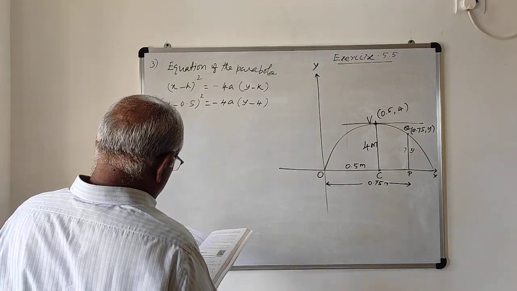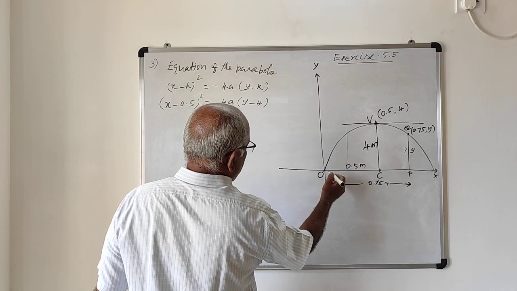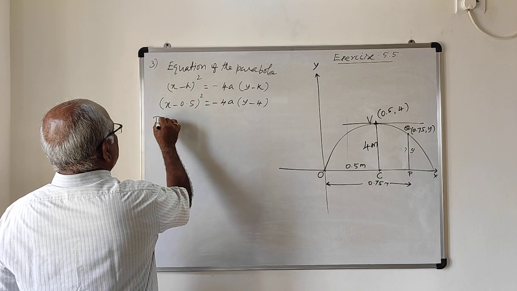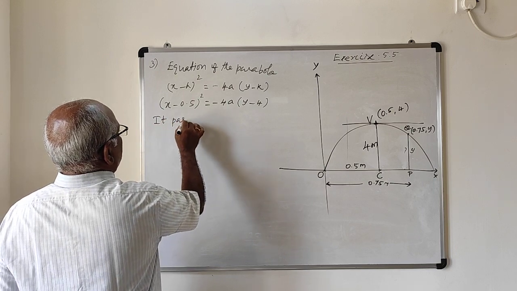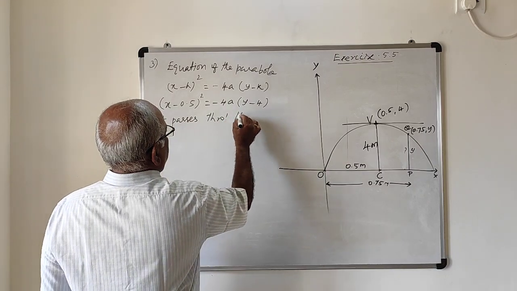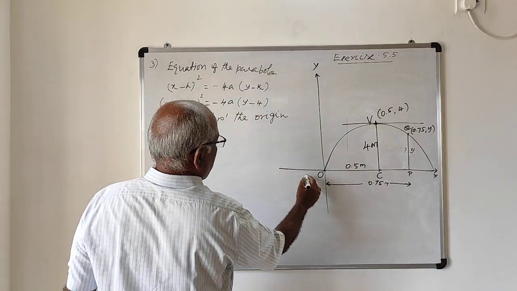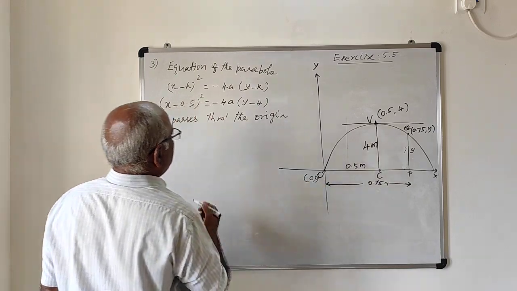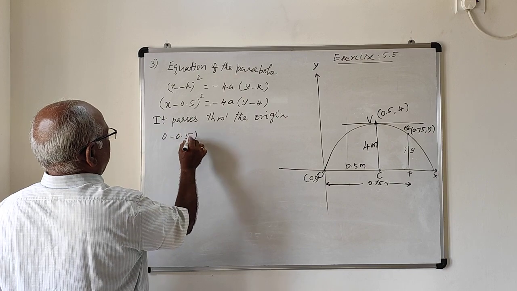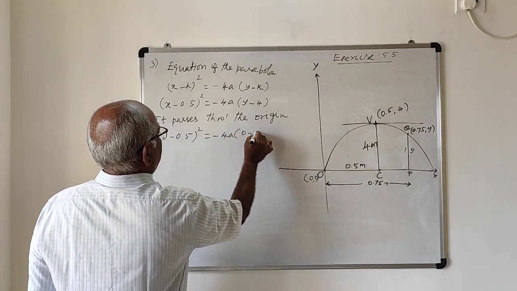This parabola is passing through the origin. See, this is the parabolic curve, it passes through the origin. Therefore, substituting x equal to 0, y equal to 0: (0 minus 0.5) whole square equal to minus 4a into (0 minus 4).